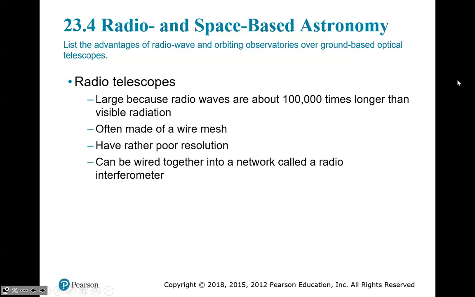If you have multiple telescopes and combine them together, you can make them act as if they were a telescope the size, for resolution purposes, of the distance between the telescopes. So if you have an array of radio dishes spread out over a square kilometer, you effectively have a square kilometer sized telescope if you combine your information. There's a Square Kilometre Array being built right now.